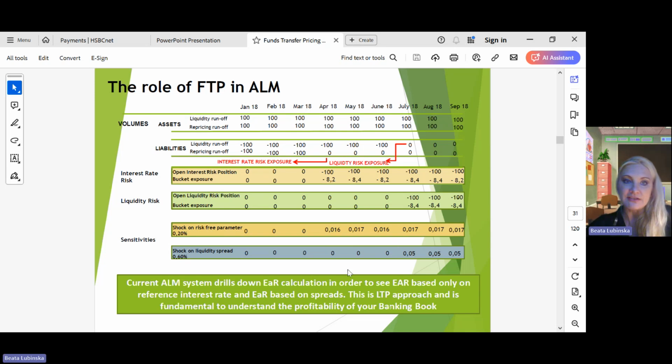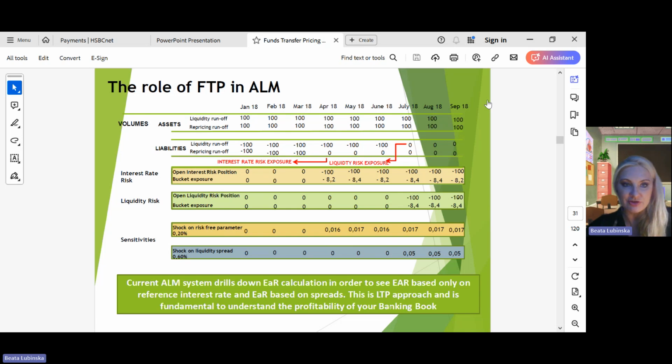So this is quite an important concept, and FTP allows you exactly this. So ILM system will split for you those positions, so interest rate risk position and liquidity position, and you will understand what is driven by each risk component.